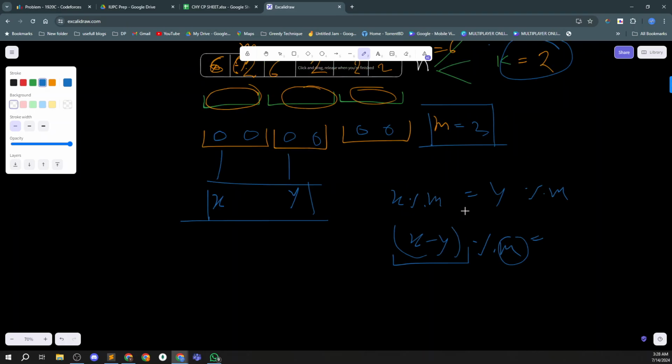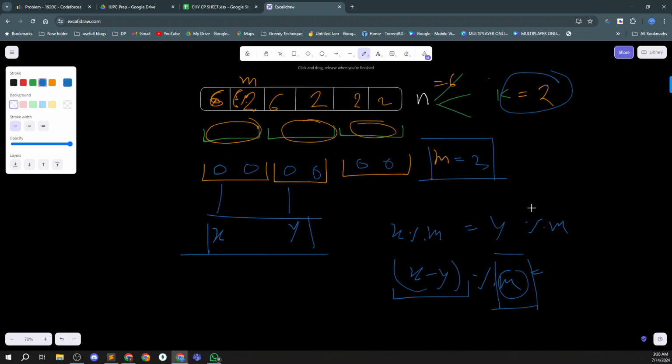So we are getting a set of values of m. We have to fix an m. If we take the next index, we have to make sure that after taking the modulo of these numbers, they are identical for a particular m.